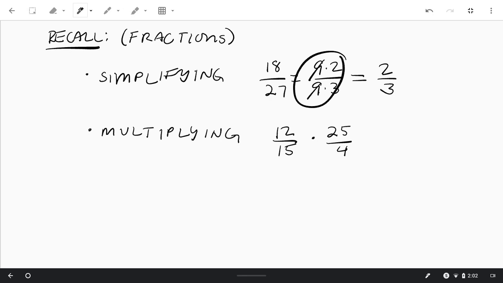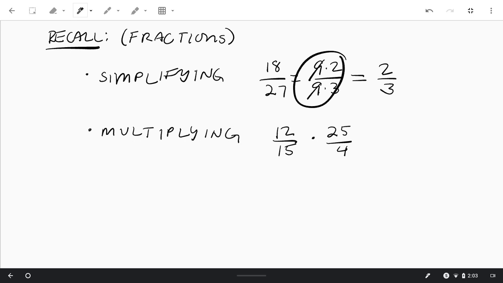Maybe you remember that we can cross cancel. Like the 12 and 4, because they have a 4 in common, we could do that. But you can also cross cancel up and down. 12 and 15, they have 3 in common. Pretty much anything in the numerators can cancel out with anything in the denominators.